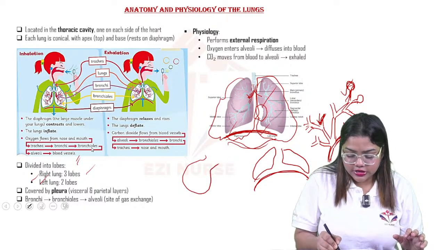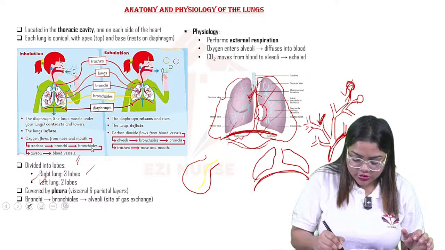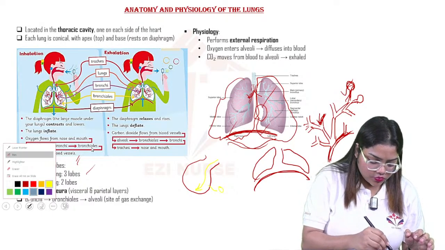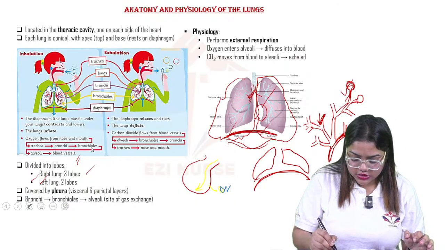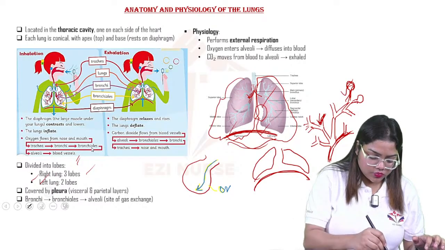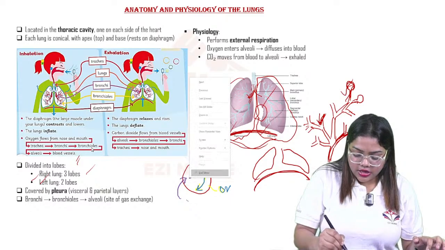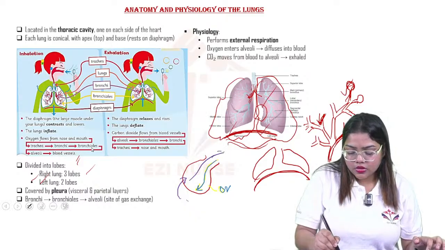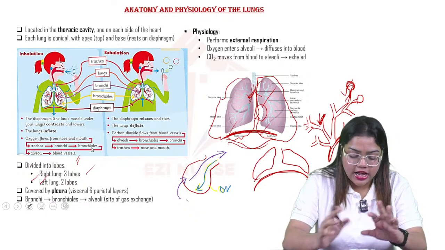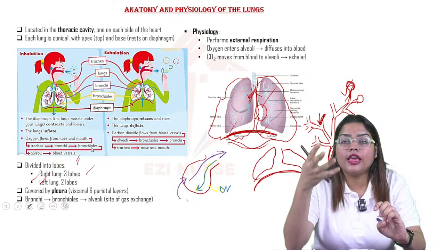If you consider this as the alveoli, when the oxygen is entering through the inhalation process, the carbon dioxide from the blood will enter into the alveoli and pass through the bronchioles, then bronchi, trachea, and through the trachea, nose and mouth it will travel and be exhaled.